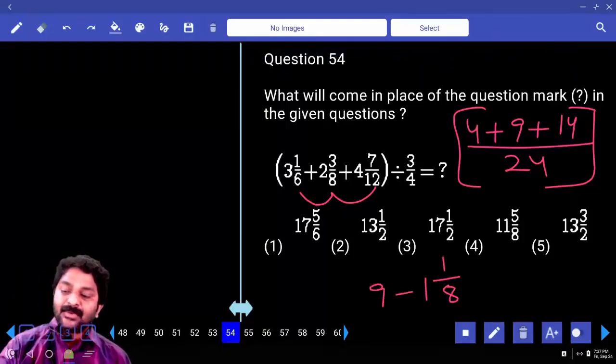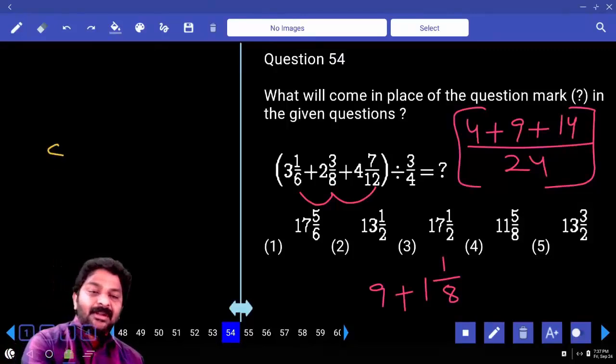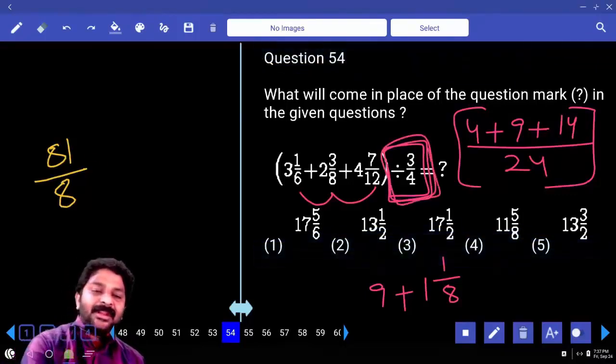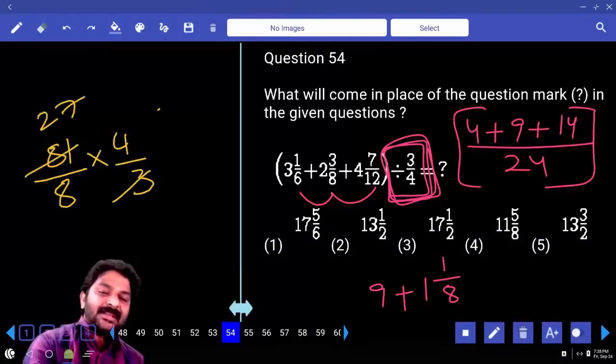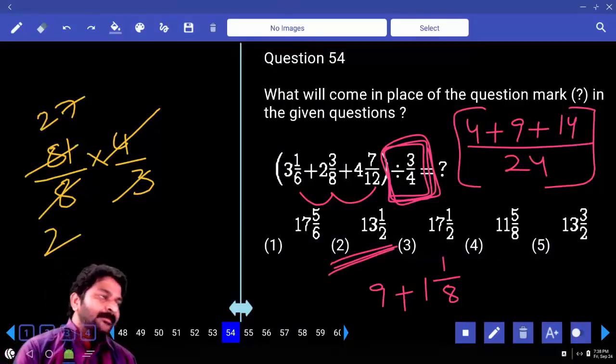So 9 plus 1 by 8 in the sense 10 1 by 8, which is equal to 81 by 8 divided by how much we have? Divided by 3 by 4 can be written as into 4 by 3 only. 3 how many times? 27 times 4, 2 times 27 by 2, 13 and half, second option answer.